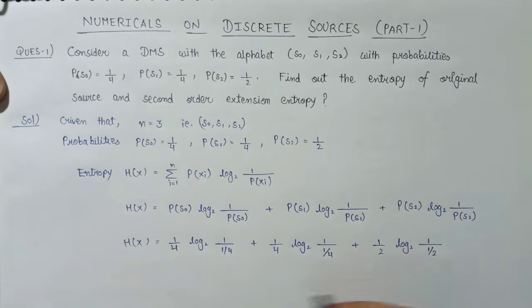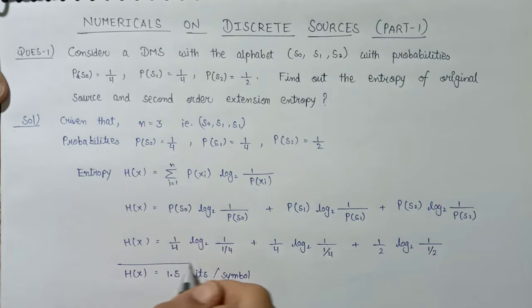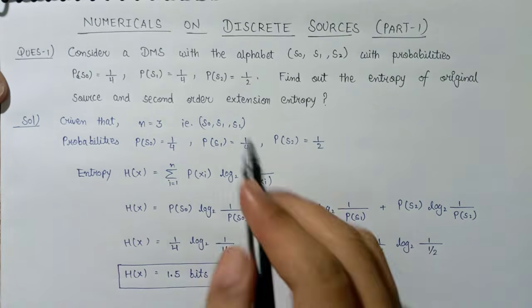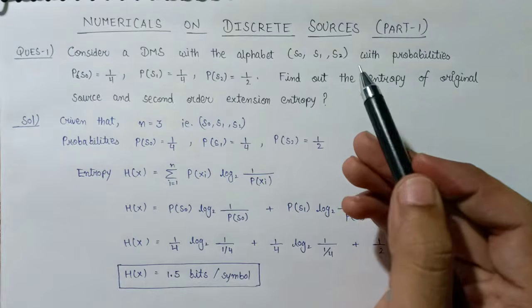On solving this whole expression, we get the value of H of X as 1.5 bits per symbol. So this is the value of the entropy that we calculated for the 3 alphabets, or we can say symbols.